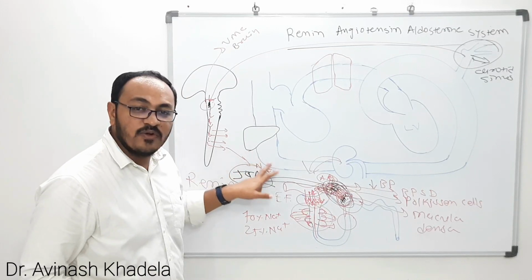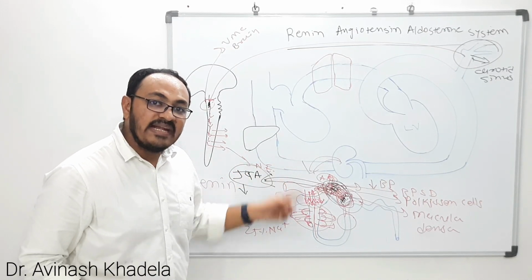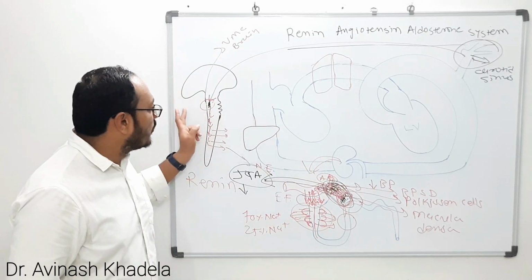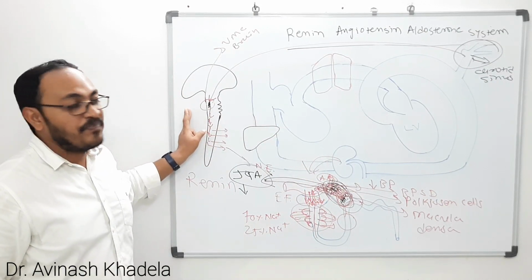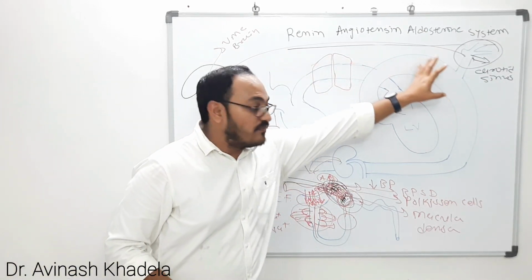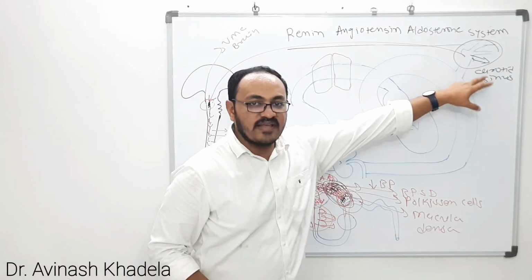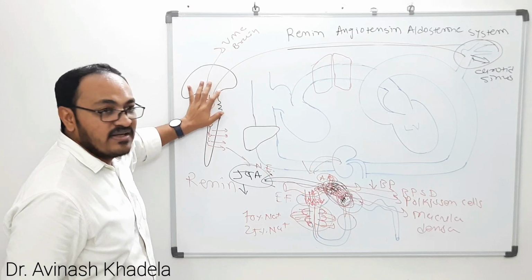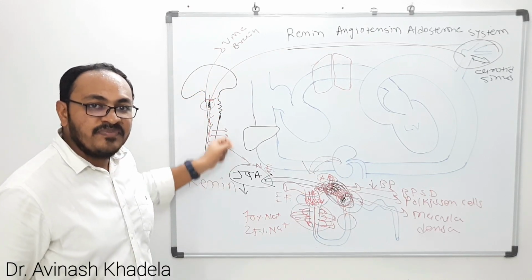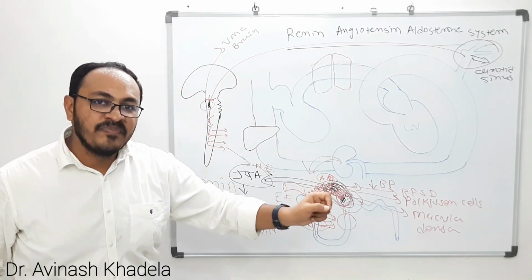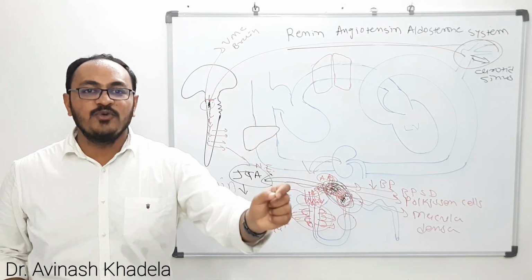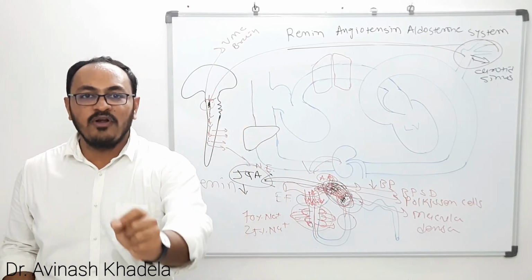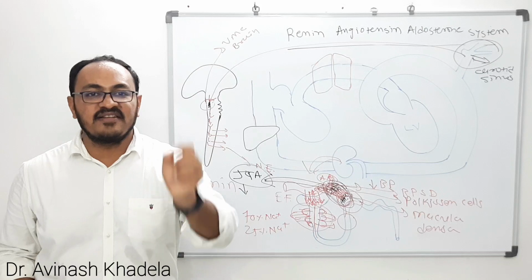This norepinephrine will bind to the beta 1 receptor and directly stimulate renin release through this systemic mechanism. The fall in blood pressure is sensed by the carotid sinus, which stimulates the vasomotor center in the brain. The vasomotor center starts secreting norepinephrine through the pre and post ganglionic neurons. This norepinephrine binds to the beta 1 receptor present in the nephron, and the nephron starts secreting renin.